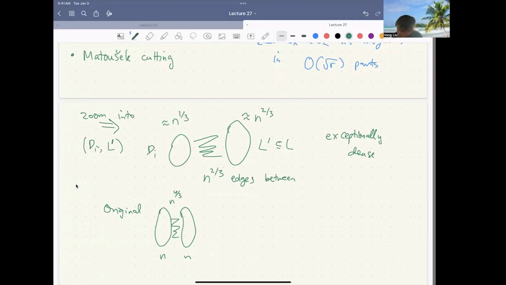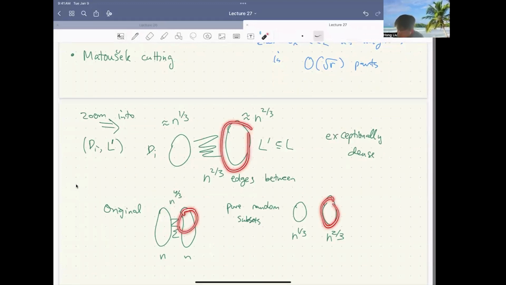If you take a pure random subset, pure random n to the 1/3 and n to the 2/3 subsets. Here I take n to the 1/3 like Di. Here I take n to the 2/3 like L prime.